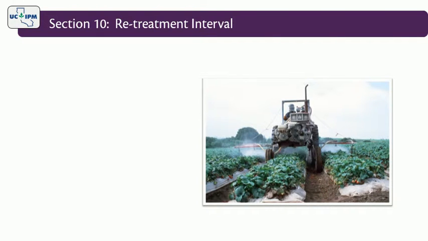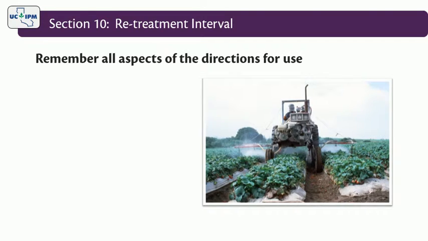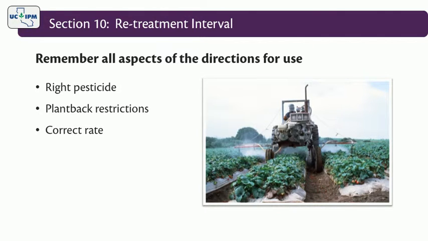When making pesticide applications, you must remember to look at all aspects of the directions for use that were mentioned throughout the course. That includes making sure that you are using a pesticide that is registered for your crop. You follow all plant-back restrictions. You are using the correct rate for your pest, you haven't exceeded the maximum use rate, and you follow all the resistance management directions.